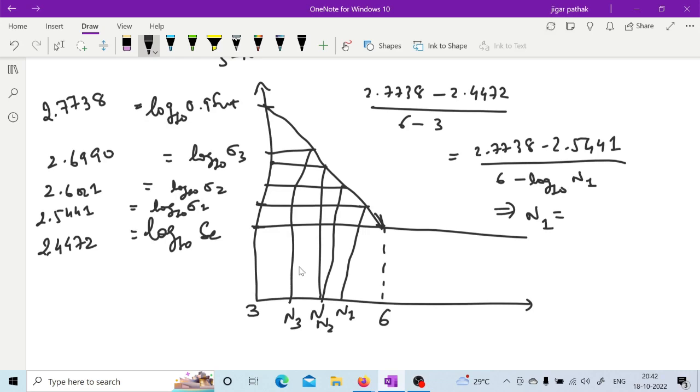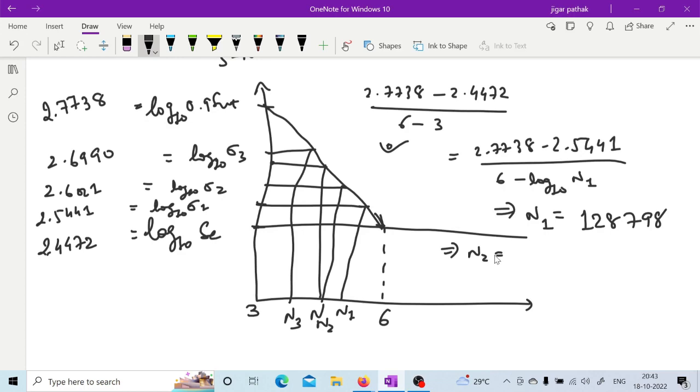N1 is coming 128,798, whatever it is, near, right? Yes, sir. Then n2 and n3, if you go by the similar rule, can also be calculated.